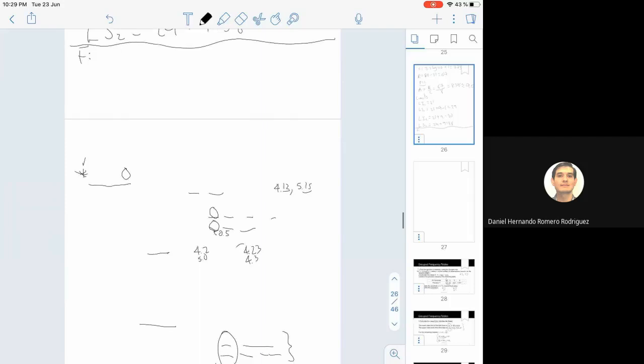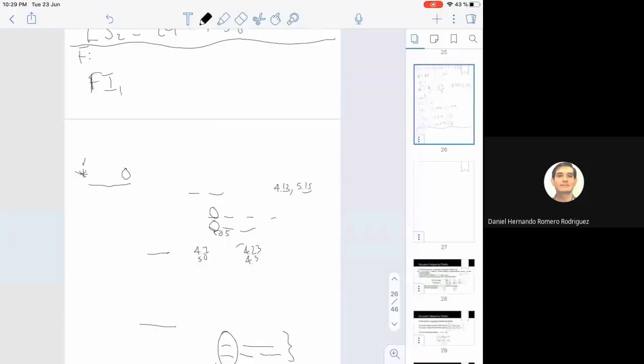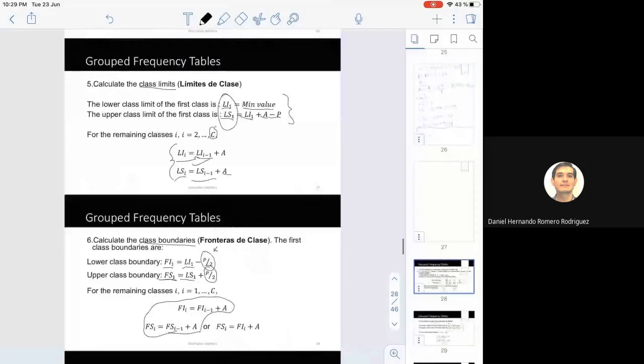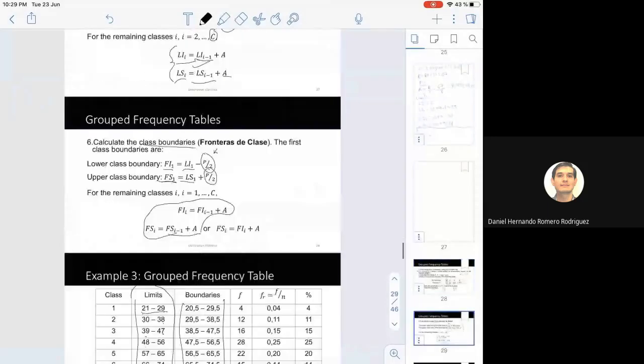for the lower boundary of the first class, that will be equal to, and let's check the equation so you can remember. For the first class, the lower boundary is equal to the lower class limit minus the precision divided by 2. And the upper one is the upper class limit plus precision divided by 2.